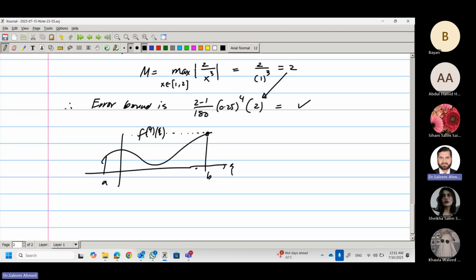So this is my M, the maximum value at b. So if the graph is given, it's very easy. If the graph of f4(x) is given, then you can just check what is the highest value of the function. That is your maximum. Pick that value and put it in the formula.